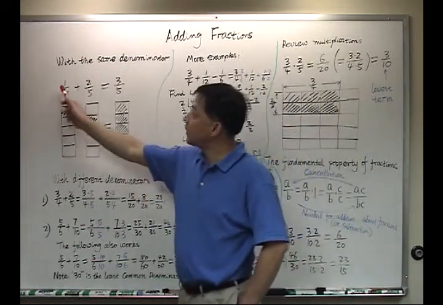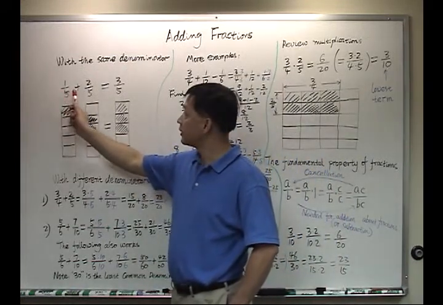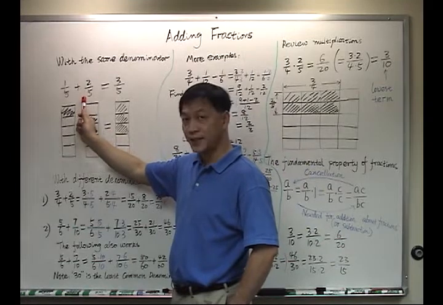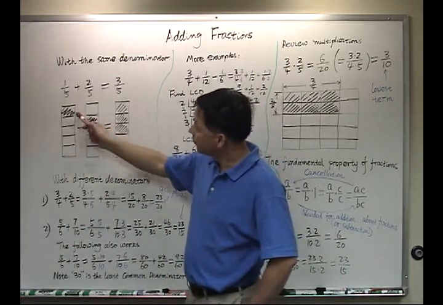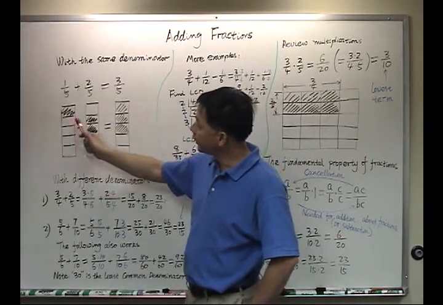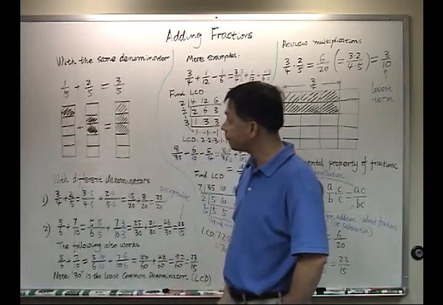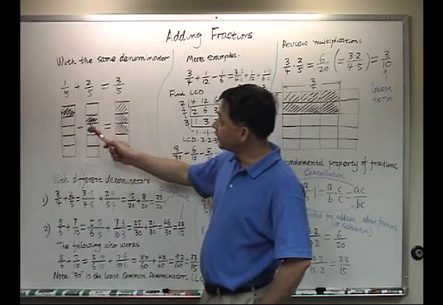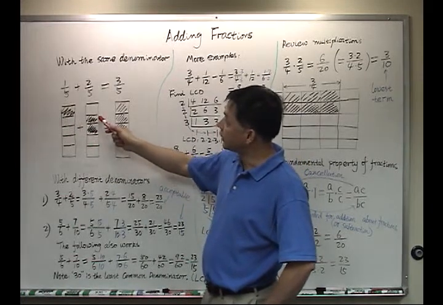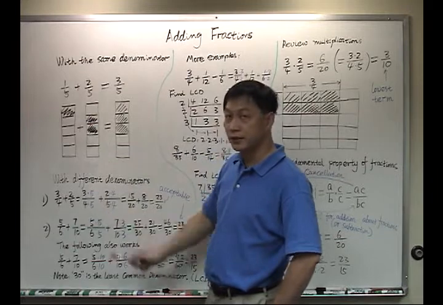You see right here 1/5 plus 2/5. Here you have 5 blocks, and 1/5 is like 1 out of 5 blocks. 2/5 is like 2 blocks out of 5 blocks.